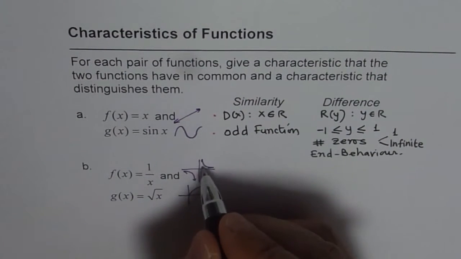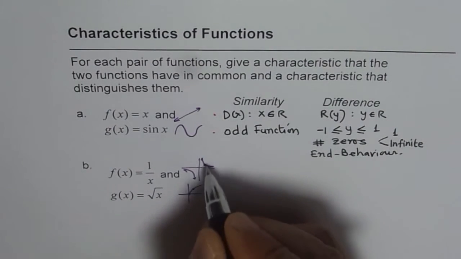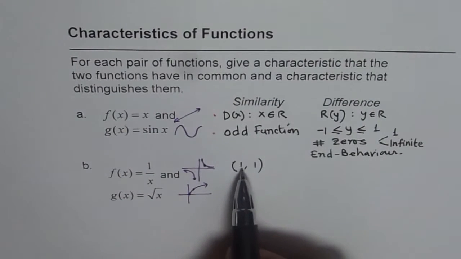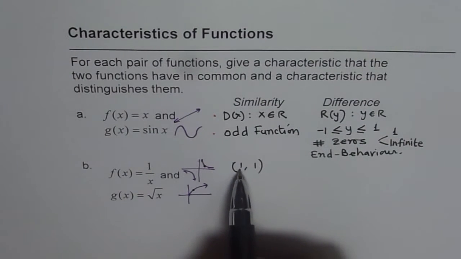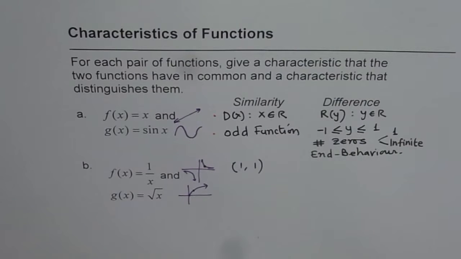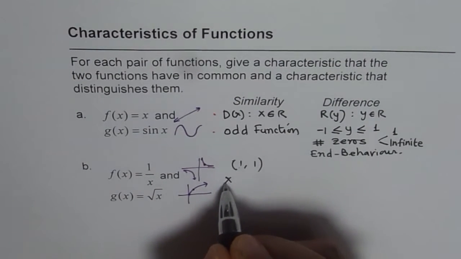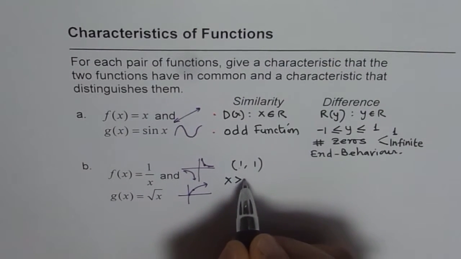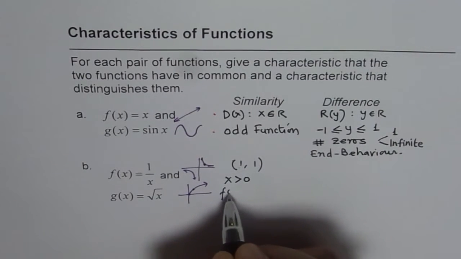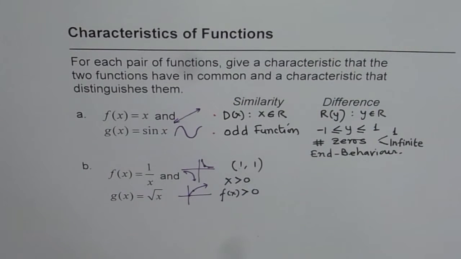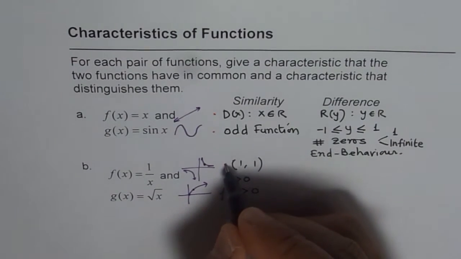But just to find a few, we can say both these functions go through the point (1, 1). Reciprocal of 1 is also 1, and square root of 1 is also 1. So that is one similarity I can say.